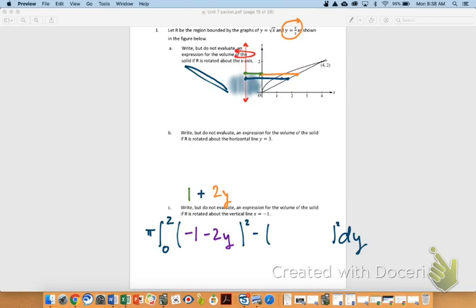Okay, so then let's do the other one. I've almost used up all my colors here. Would you guys say that this red distance, from here over to here, doesn't that red distance represent the inner radius, like the small radius of this solid?